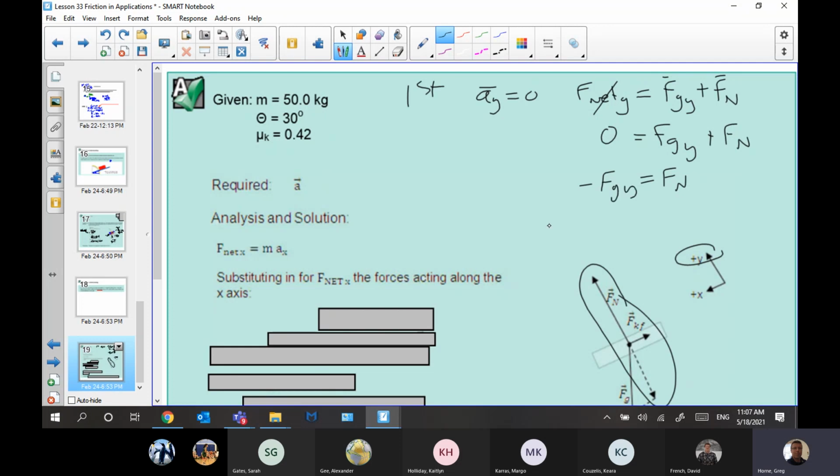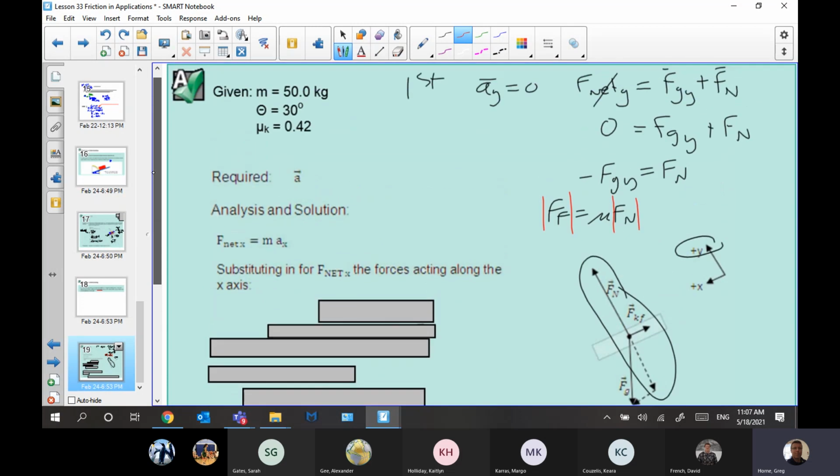And then you're going to say, oh, well, my F equals mu Fn stuff. Right? So remember, it was like the size of the friction force equals the coefficient times the size of the normal force, right? So analyzing the diagram here, we would say 30 degrees.